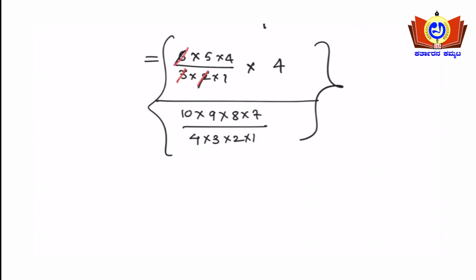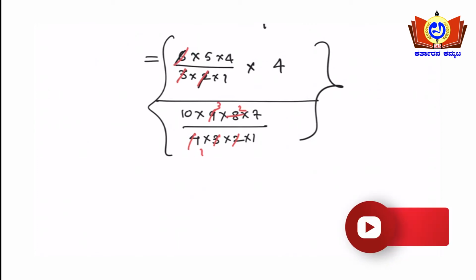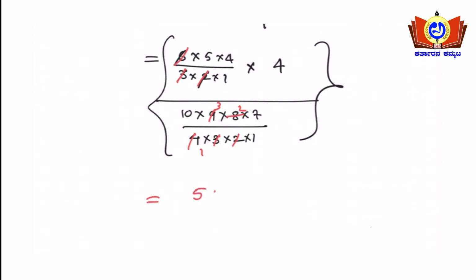And in the denominator, 3 into 2 is 6, and 3 3s I will be getting here, and 4 1 times and 4 2 times I will be getting here. See here, I will be writing once more: 5 into 4 into 4 in the above case, and then 10 into 3 into 7 I will be getting here.